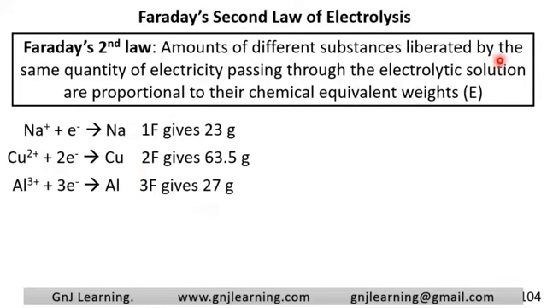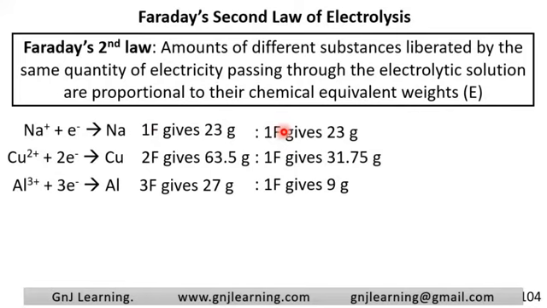But next, they say it is by the same quantity of electricity. But here it is not the same quantity. The quantity is differing. So I am going to make these quantities the same. The first case is 1 Faraday, the second is 2 Faraday, and the third is 3 Faraday. Now I am converting all into 1 Faraday.